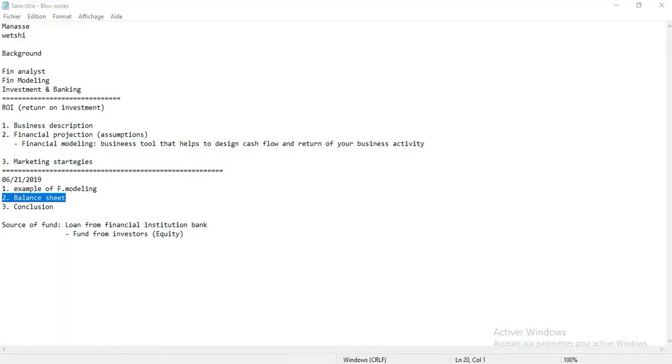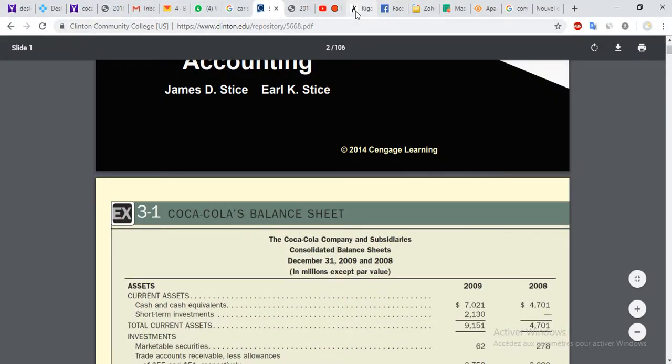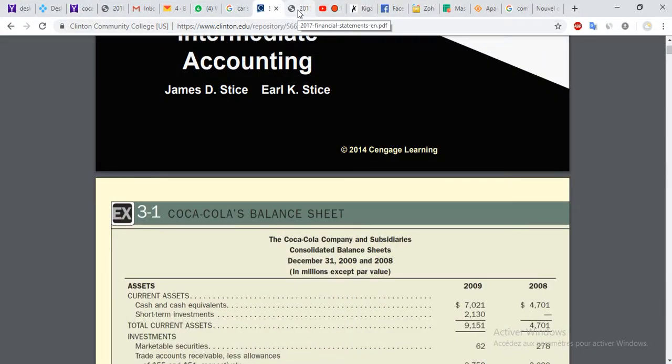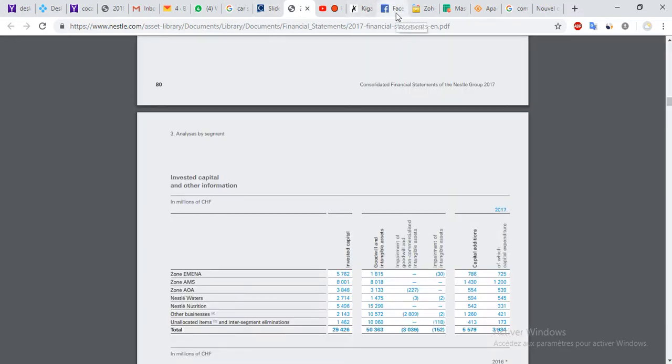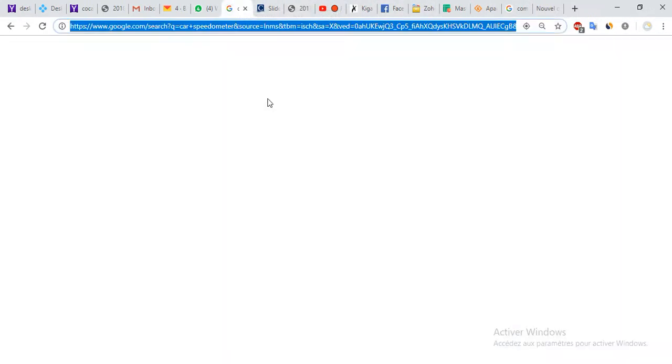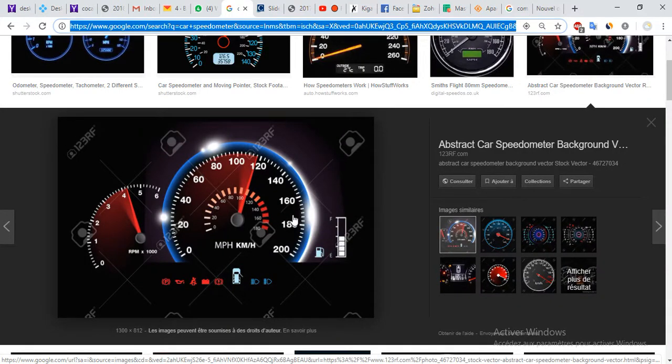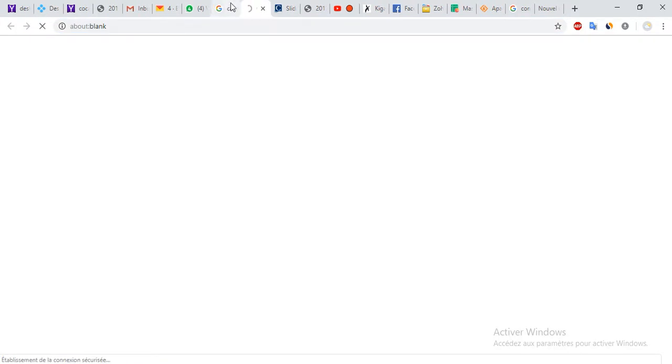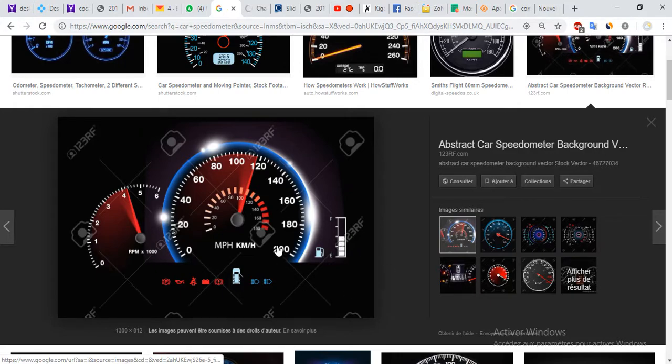All right, I had a picture of a dashboard somewhere here. Just hold on a minute, I'm going to show it to you. Yeah, this is a dashboard. I hope most of you are very familiar with the car dashboard.